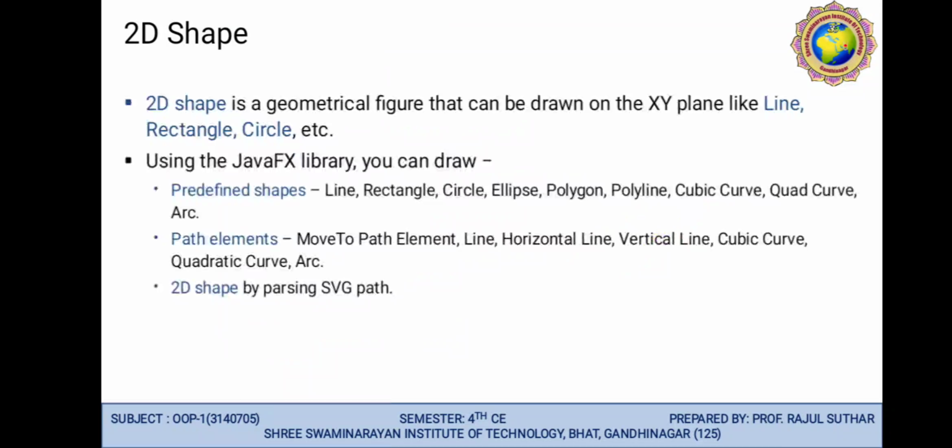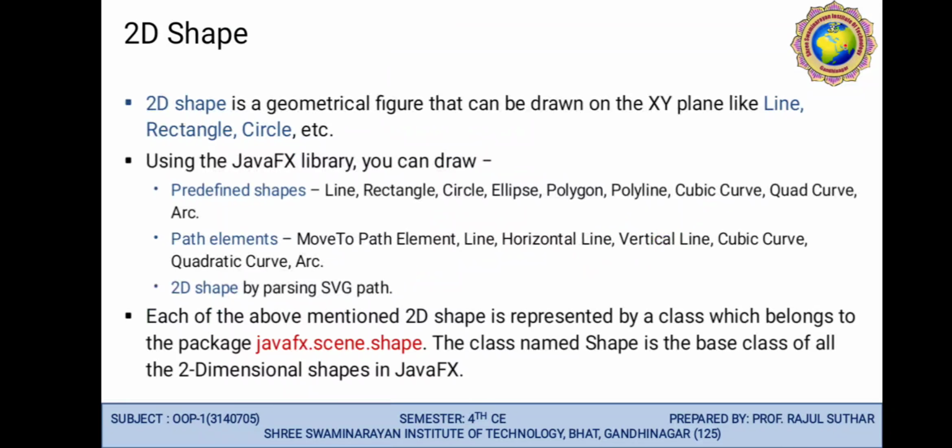Path element means moving from one location to another location, that is called the move-to path element. Line, horizontal line, vertical line, cubic curve, all these are covered by the path element. And a 2D shape can also be created by parsing an SVG path.